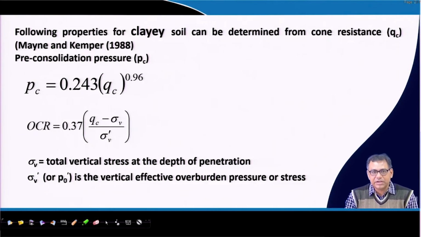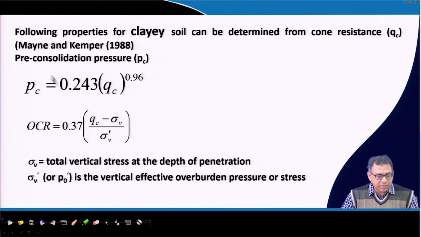So, what is pre-consolidation pressure? That means we know the soil may be normally consolidated or over consolidated. If the soil's current stress is more than the stress which the soil has already experienced, then this is called normally consolidated soil, and if the current stress is less than the stress that the soil has already experienced, then that is called over consolidated soil.